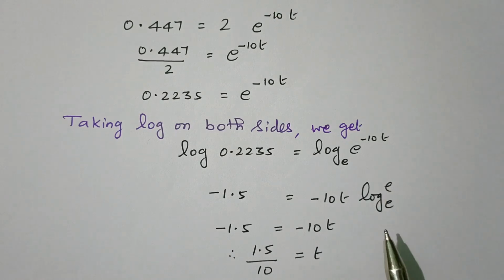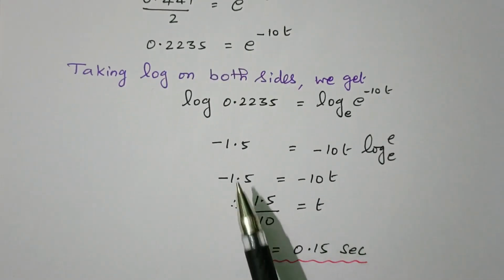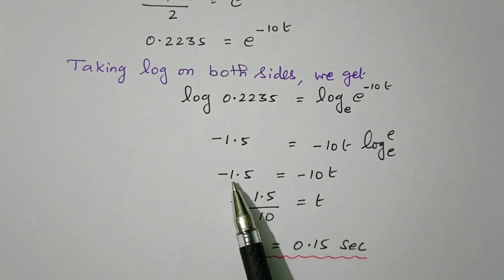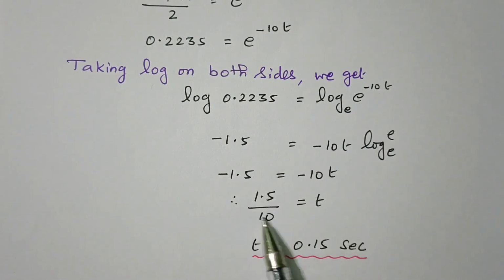So minus 1.5 equal to minus 10t. The minus signs cancel. 1.5 divided by 10 equal to t. So t equals 0.15 seconds. So the time taken to dissipate 95% is 0.15 seconds.